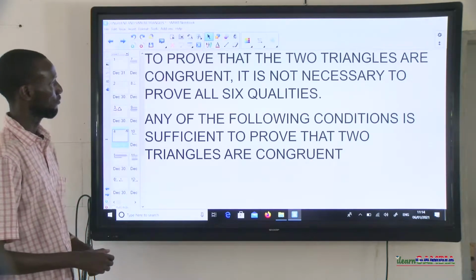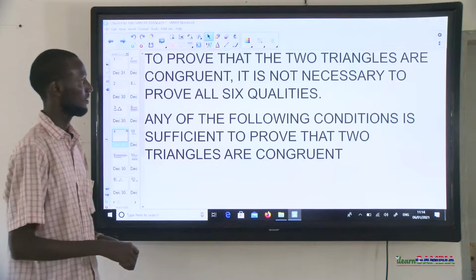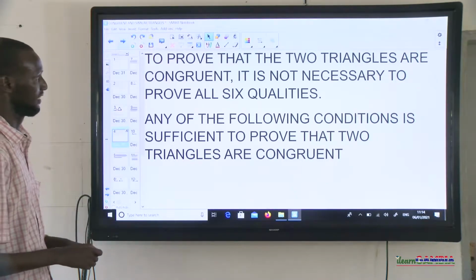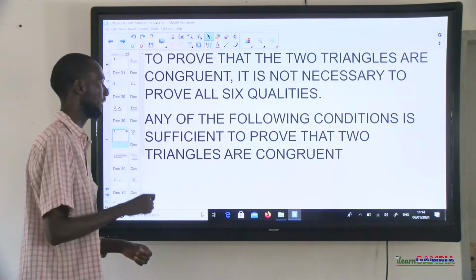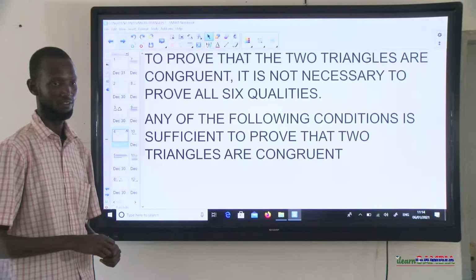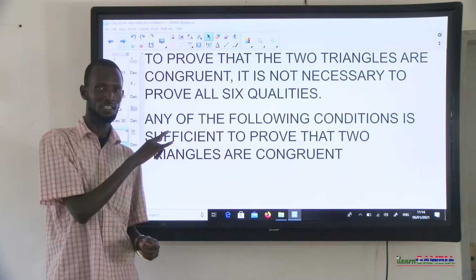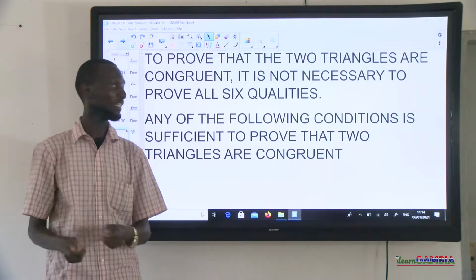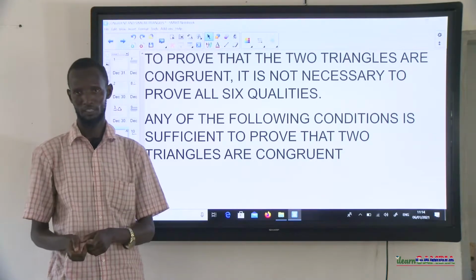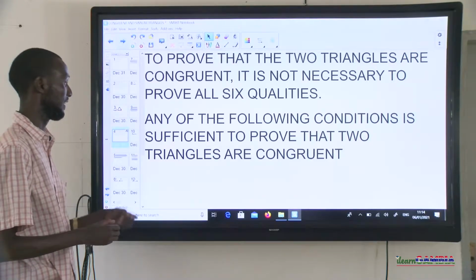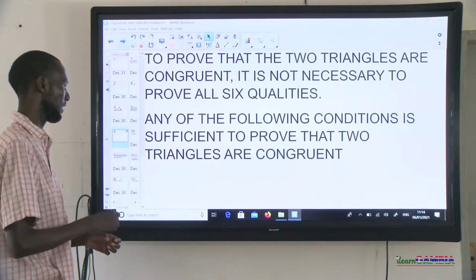Now, to prove that two triangles are congruent, it is not necessary to prove all these 6 qualities. Which means you don't have to get all the 3 sides being equal and all the 3 angles being equal to prove that 2 triangles are congruent. Any of the following conditions is sufficient to prove that 2 triangles are congruent.